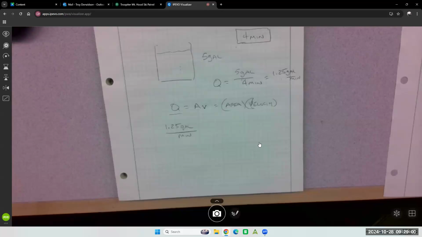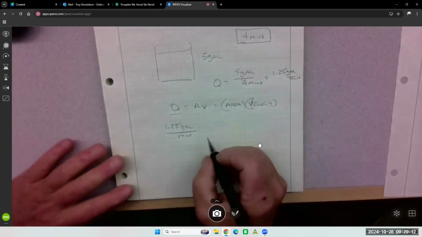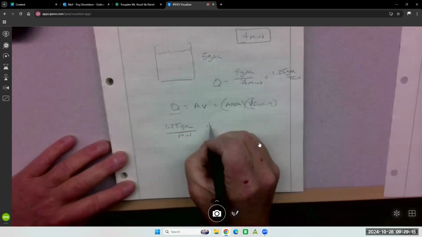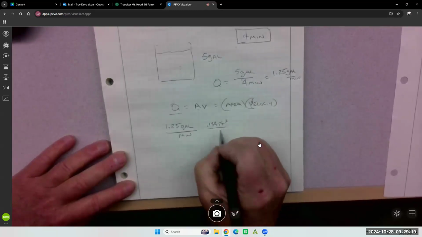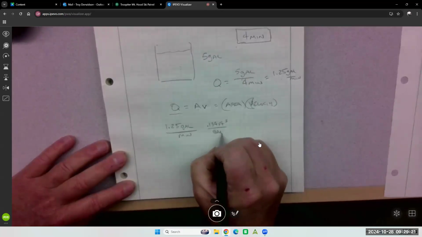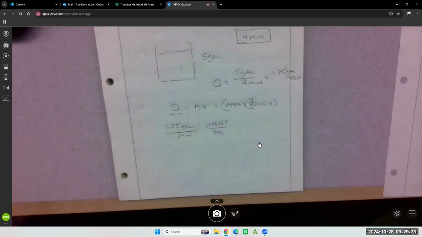A gallon divided by 7.48 will give you, we need a conversion. 0.134. Is that right? Did I write that correctly? Yeah. All right. Gallons are small. They're really pretty small.